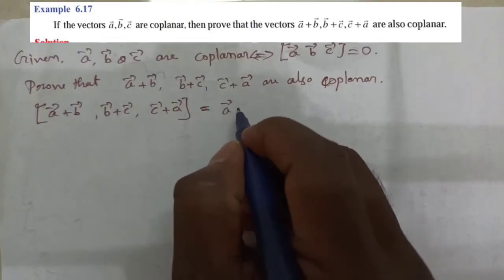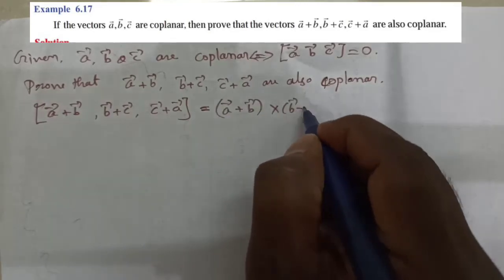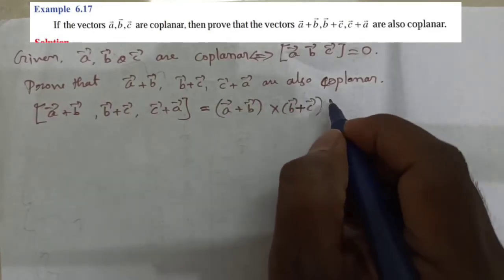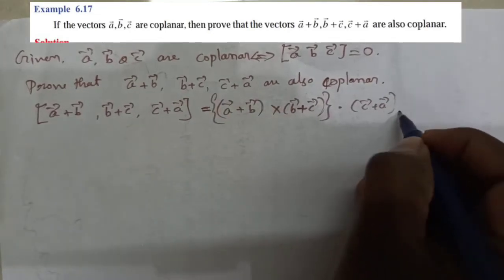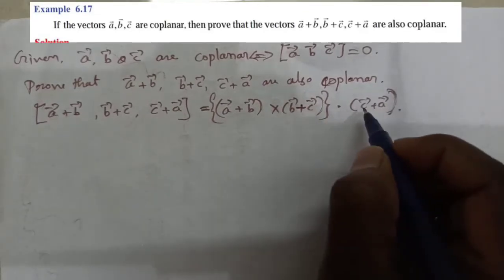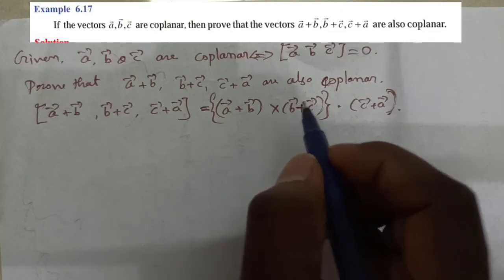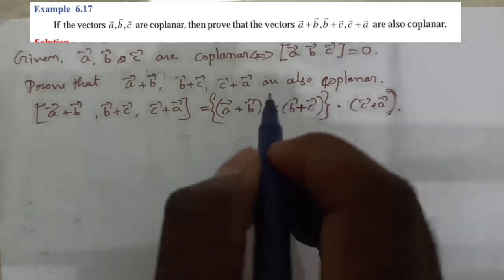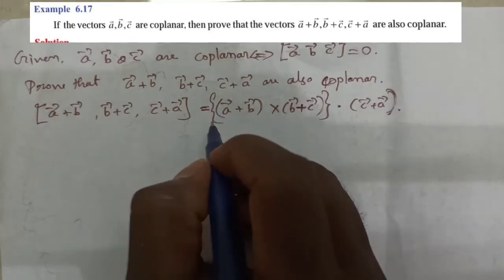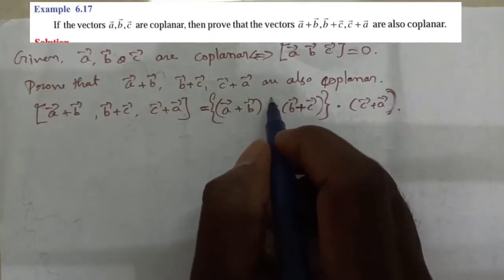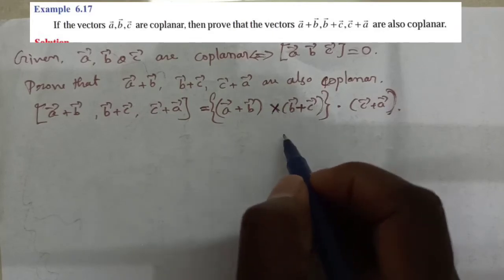That means A vector plus B vector cross B vector plus C vector dot C vector plus A vector. This is the scalar triple product. The scalar triple product contains one dot product and one cross product, so the first bracket should be used for the cross product.